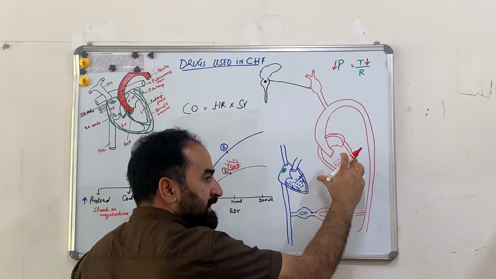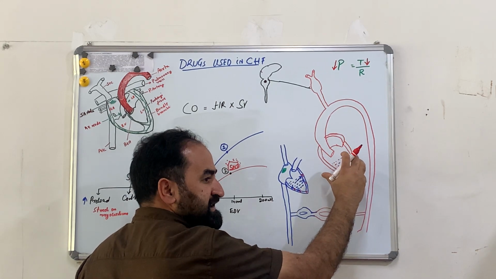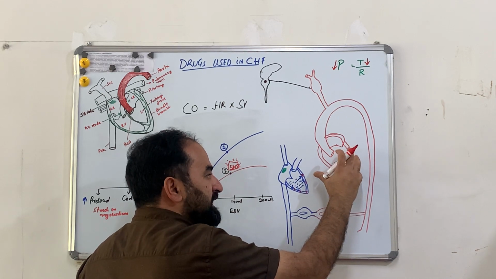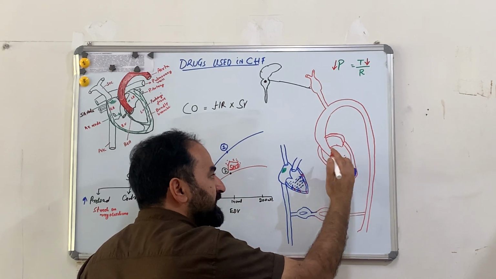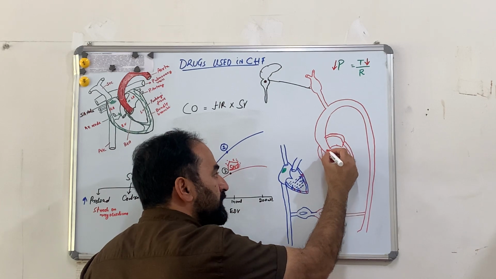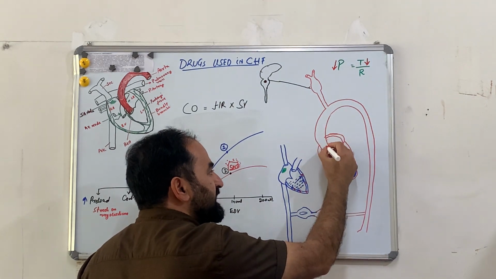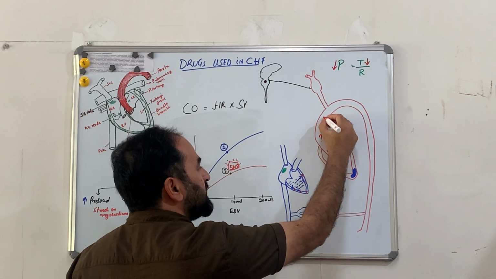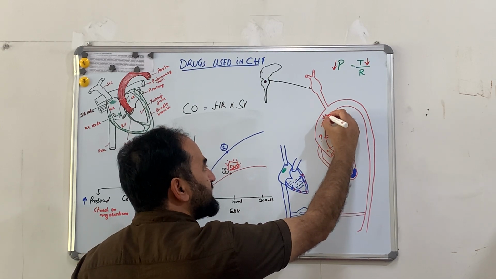And when it's a failing heart, it is not producing so much tension, it is not producing so much stretch, so when it contracts with low pressure, there is low stroke volume. That means only 50 ml is in the circulation, so there is low pressure in the circulation.